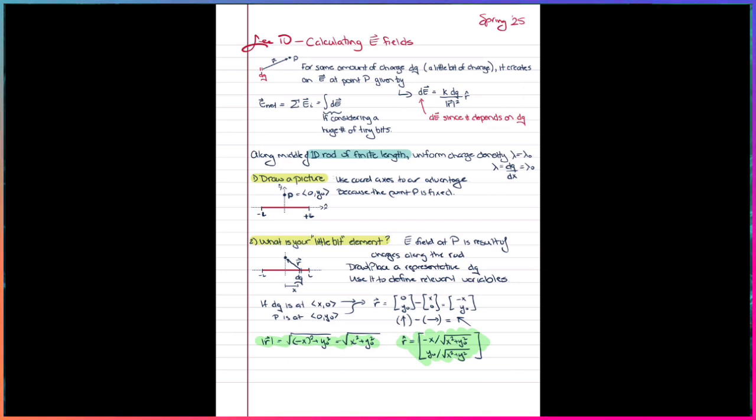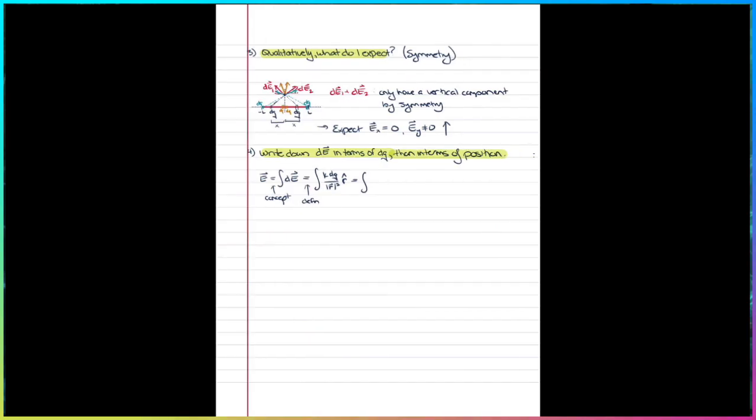So essentially we have a square root of this, because we're squaring it, and a third square root of this. That's going to be in the denominator of everything. So I'll write it out explicitly. We have k dq, and then this is the square root of x squared plus y naught squared, all squared.